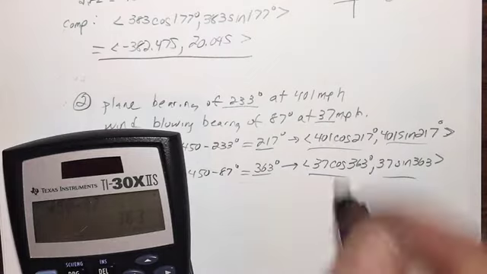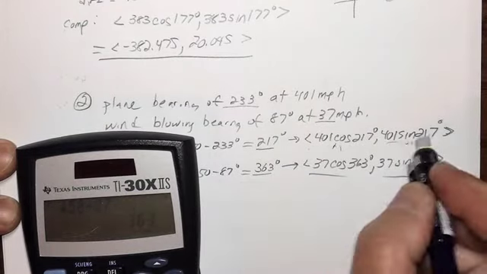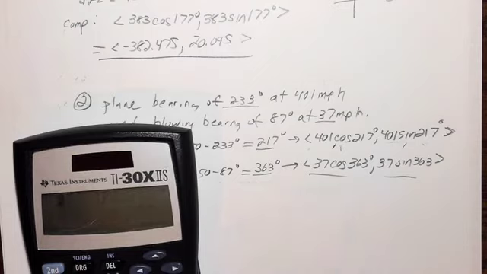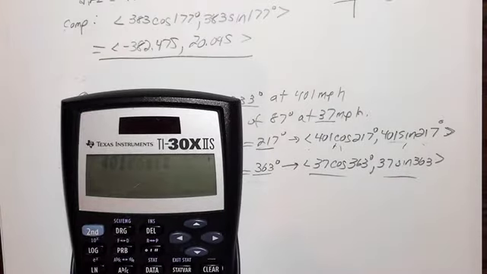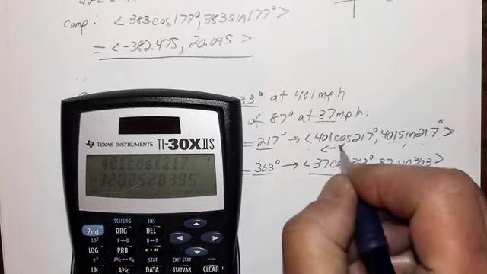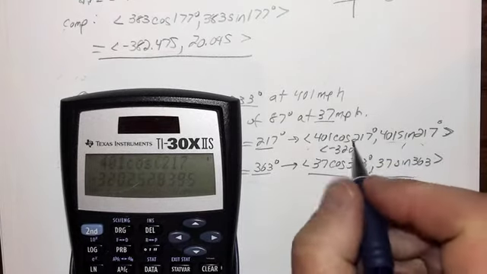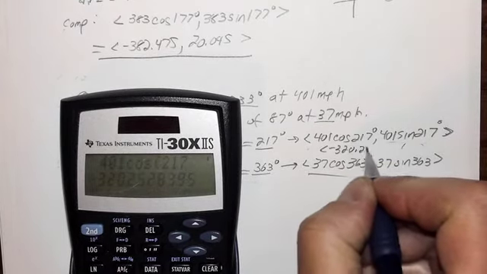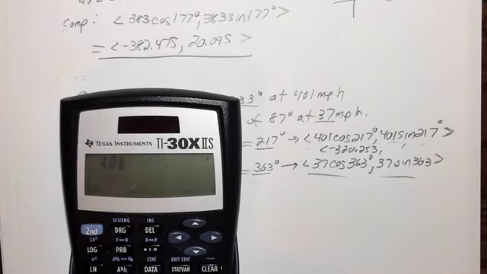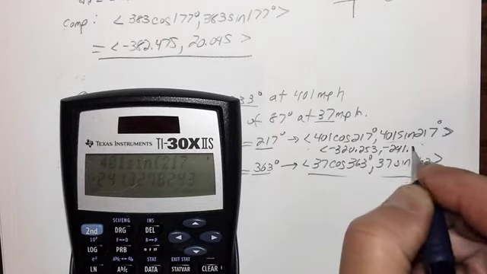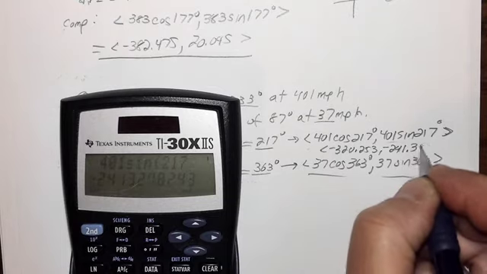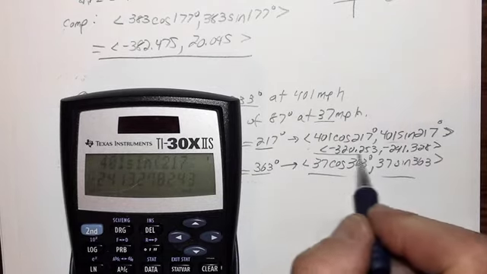So for this one up here, I have room to write it in there. 401 times the cosine of 217 is negative 320.253, and 401 times the sine of 217 comes out to negative 241.328. So there's the airplane.